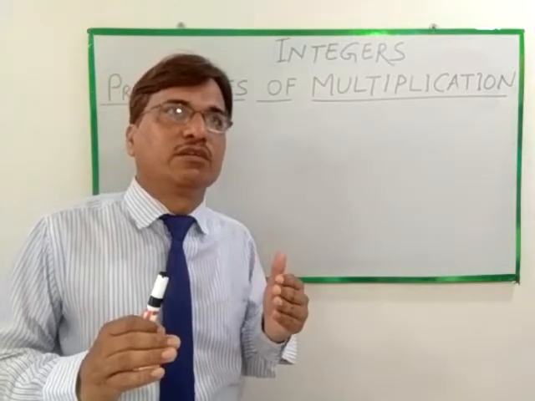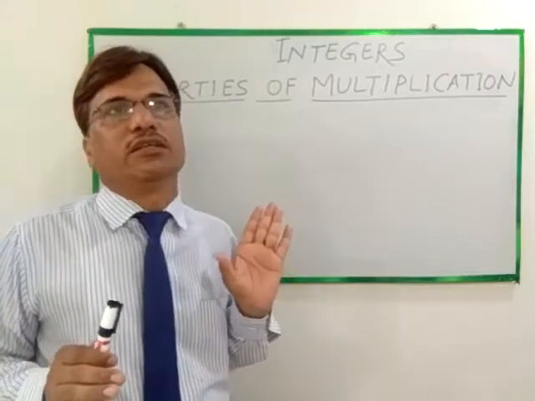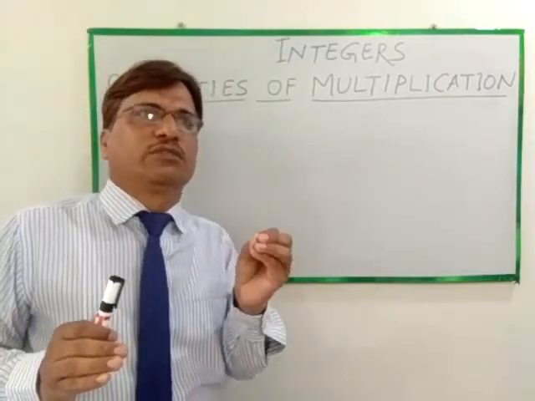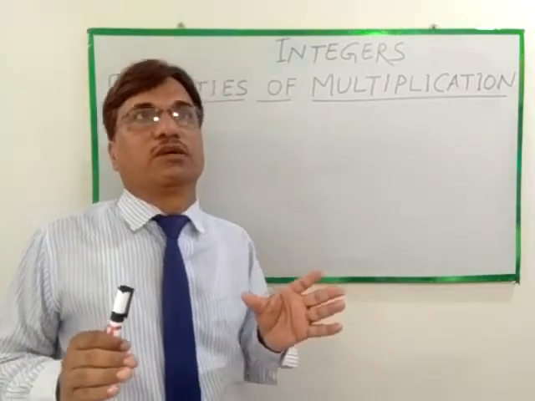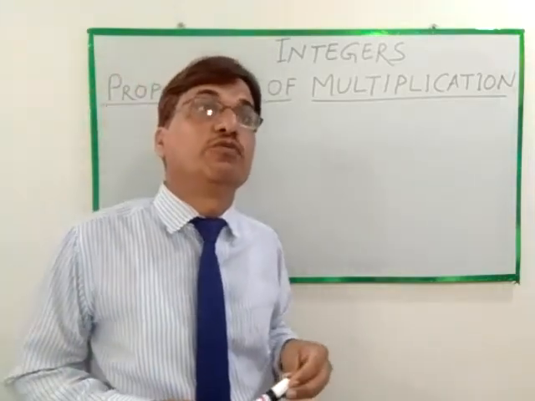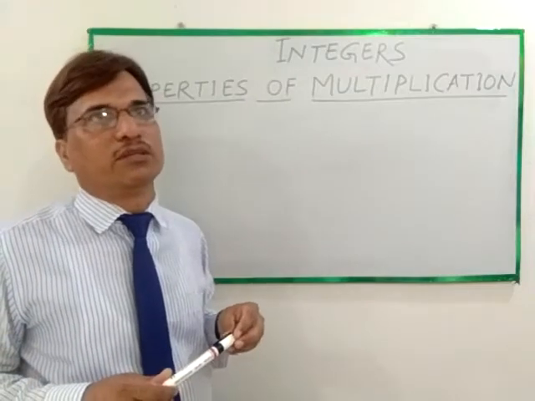Then even numbers: a number which is divisible by 2 is called an even number. A number which is not divisible by 2 is called an odd number. Prime number: a number which has two factors, 1 and the number itself, is called a prime number.